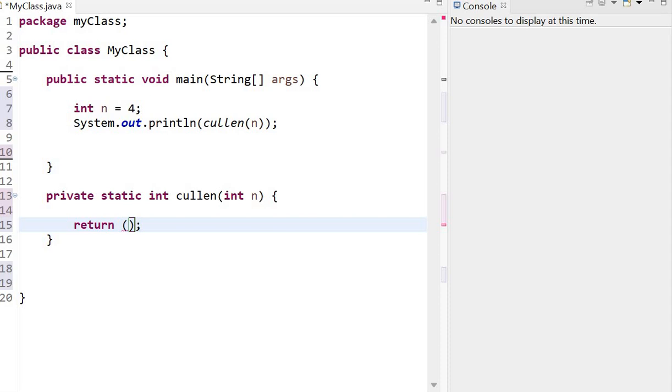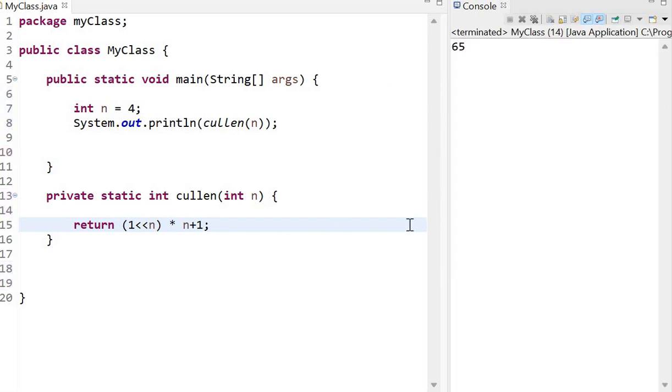So for that, I will be using the left shift operator, as we are going to left shift it, to find 2 raised to power n. Okay, let me just show you this, and then afterwards we will go into something else if required. And the answer is correct.